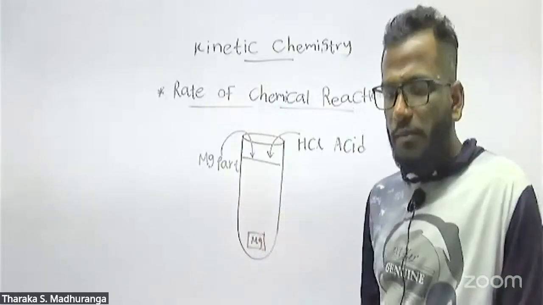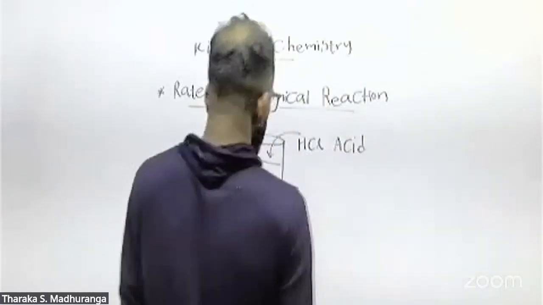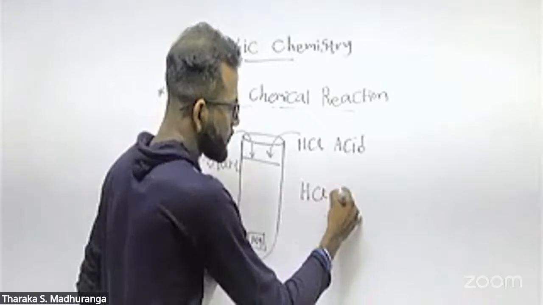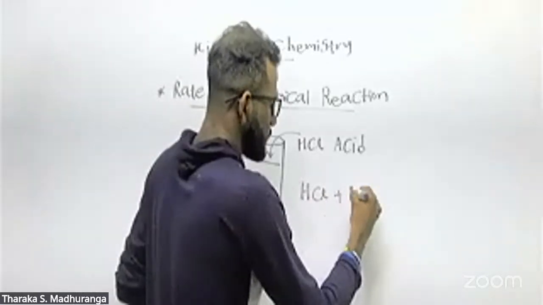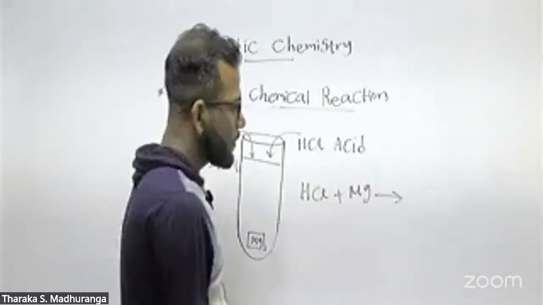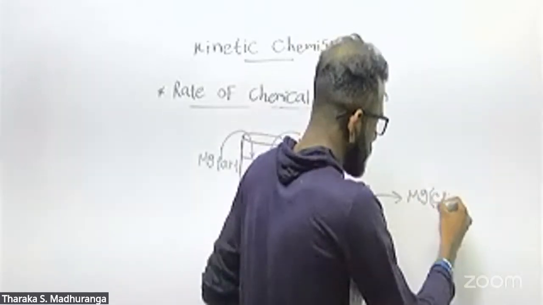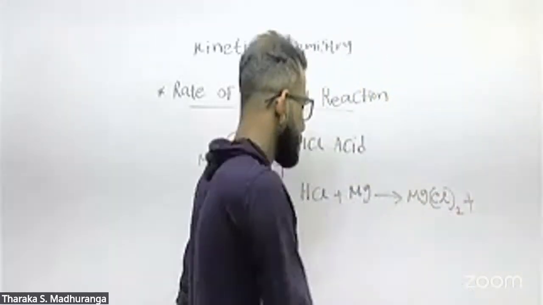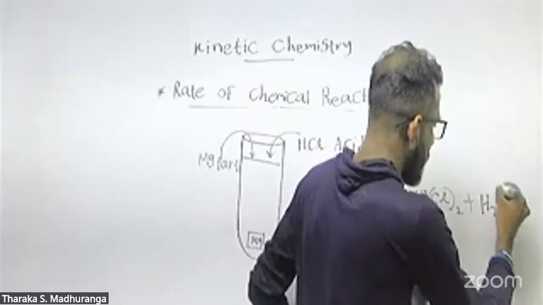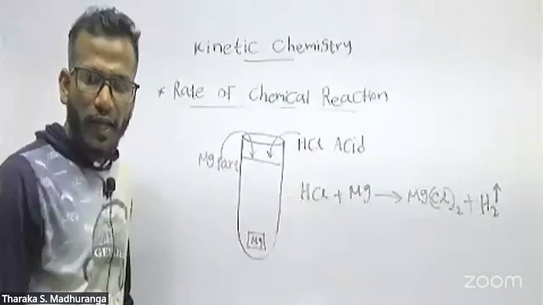This magnesium and HCl react with each other, then it produces magnesium chloride, MgCl2, plus hydrogen gas. Hydrogen gas, it's a gas. Okay, that's a simple chemical reaction.